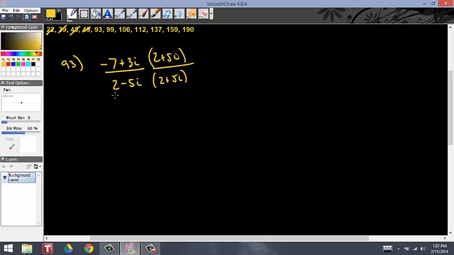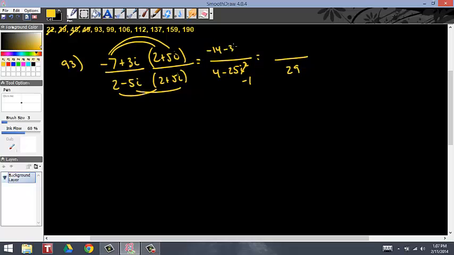Okay? So since the bottom is a conjugate, I can just go ahead and go 4 minus 25i squared. And i squared we know is negative 1, so 4 plus 25 is 29. This top we actually have to FOIL out, so this is going to be negative 14, negative 35i, 6i, and then positive 15i squared.